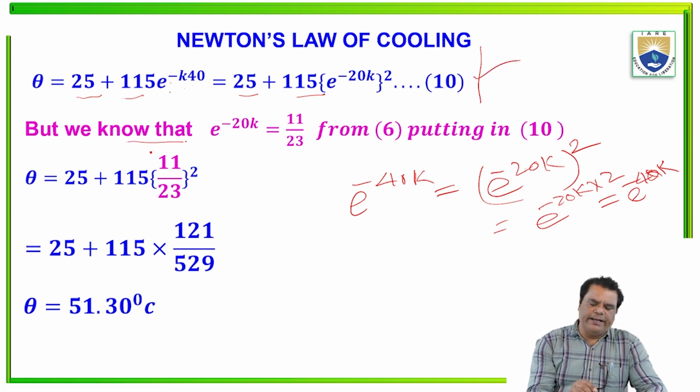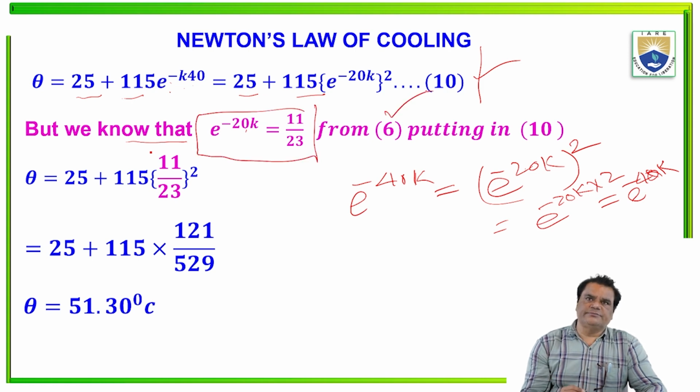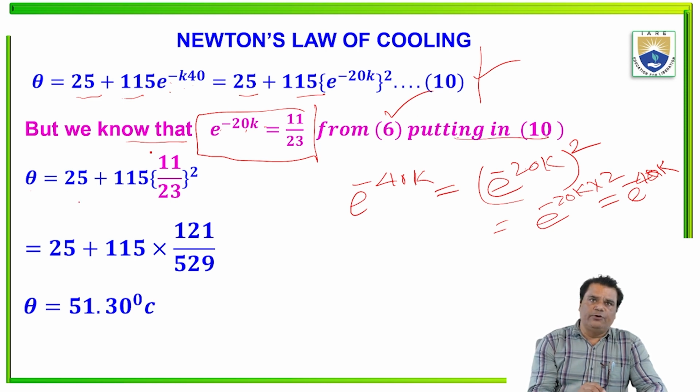Now, we know that e to the power minus 20k is equal to 11 by 23. This is equation 6. Putting this value, e to the power minus 20k equal to 11 by 23, into equation 10, we get theta equals 25 plus 115 times 11 by 23 whole square.